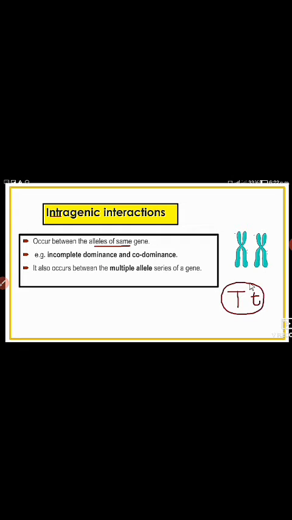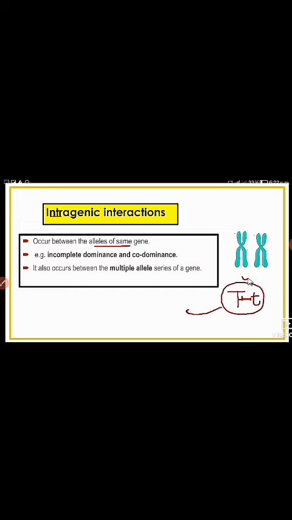Capital T, small t, these express the tall character. But in some cases, instead of tall or dwarf, there will be an intermediate production between these two genes. This is called intragenic interaction.